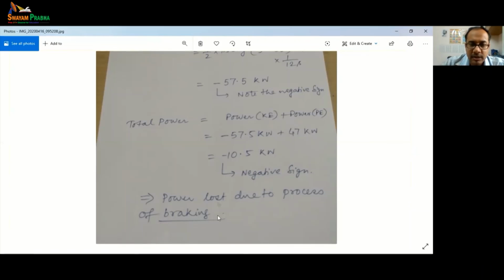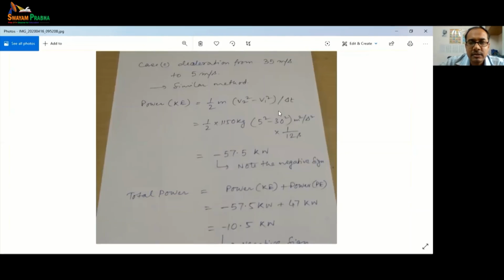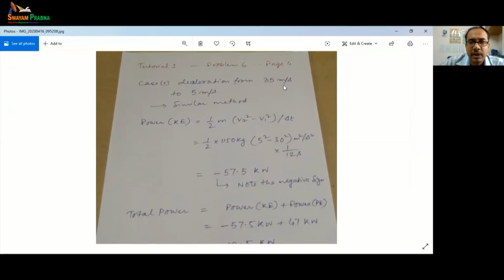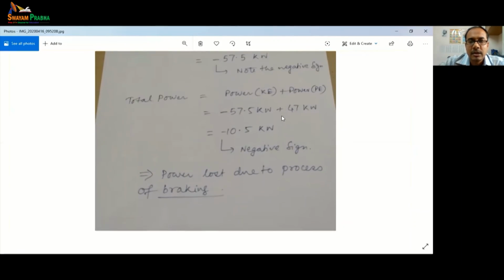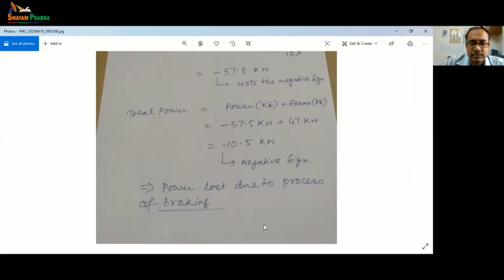What does it mean? It just means that power is lost due to the process of braking, because you have to brake to bring the velocity down from 35 meters per second to 5 meters per second, so that the effective power gets lost through braking as heat, that is your 10.5 kilowatts.